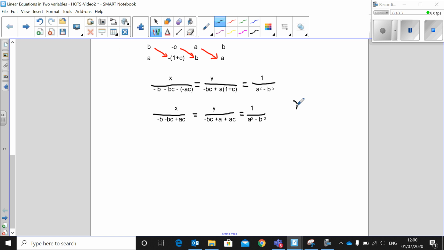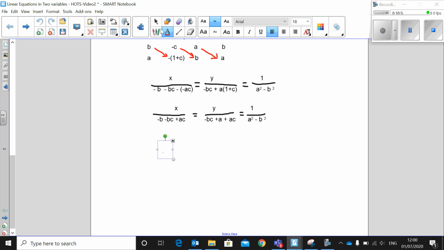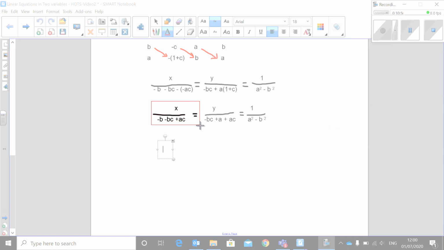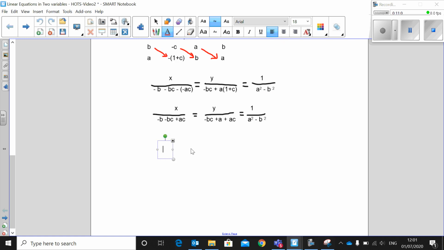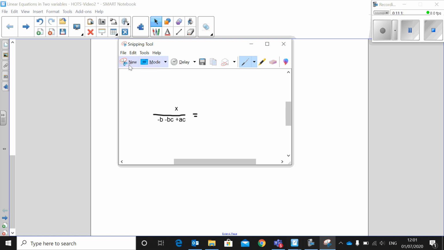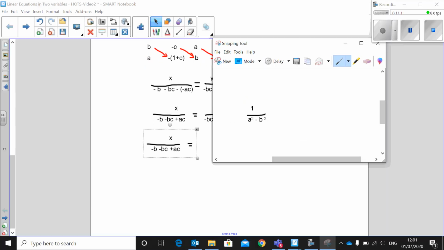Now, as we know that x is equal to y is equal to 2, meaning what? x is also equal to 2 and then the y value is also equal to 2. So therefore we are going to equate all three variables. Now we are getting x divided by minus b minus bc plus ac, which is equal to 1 divided by a square minus b square.